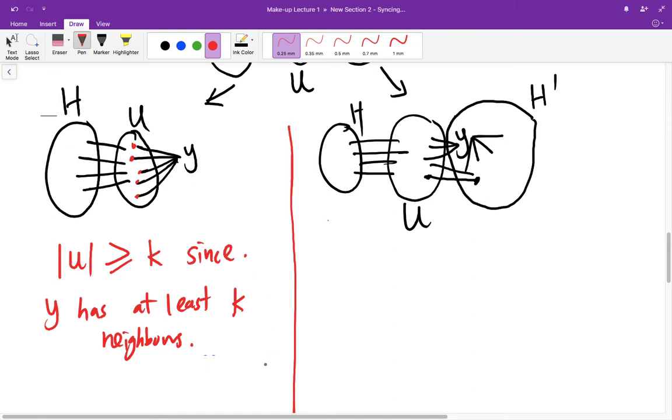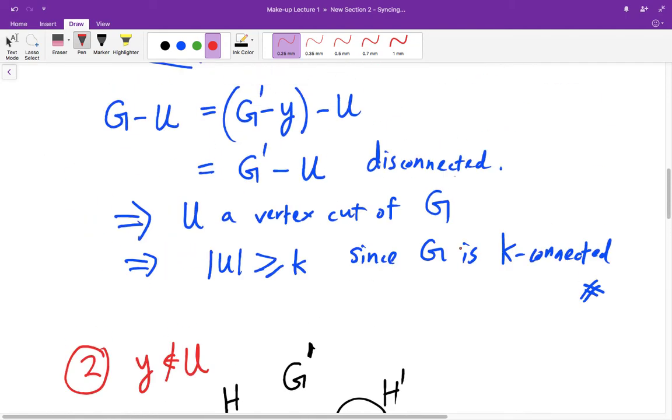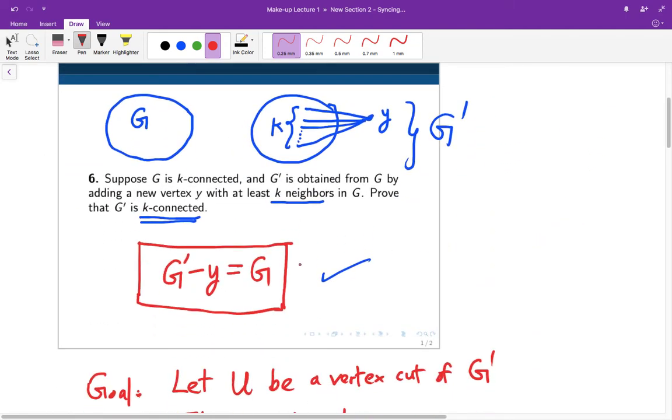All right, let us move on to the second picture on the right. Now this time, as before, we are going to look at the graph G with U deleted. And let us look at what is the picture of this graph. Remember, G is the graph G prime minus Y. That was our observation in the beginning.